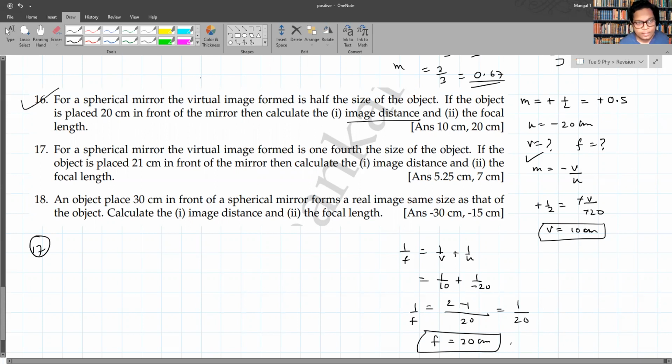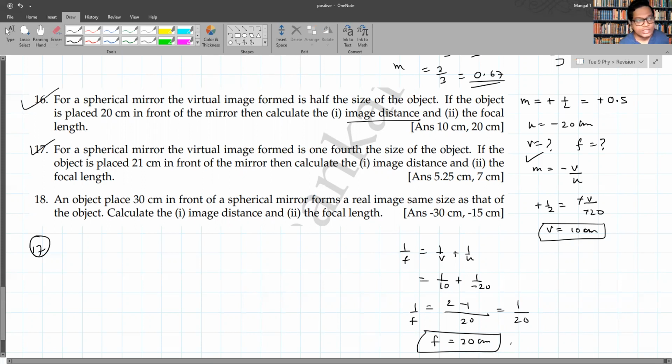So if the image was double the size of the object, we would have written 2. And m is equal to size of image upon size of object. So image is half the size of the object, so m is equal to half. And because it is virtual, it is plus. So that is the logic.